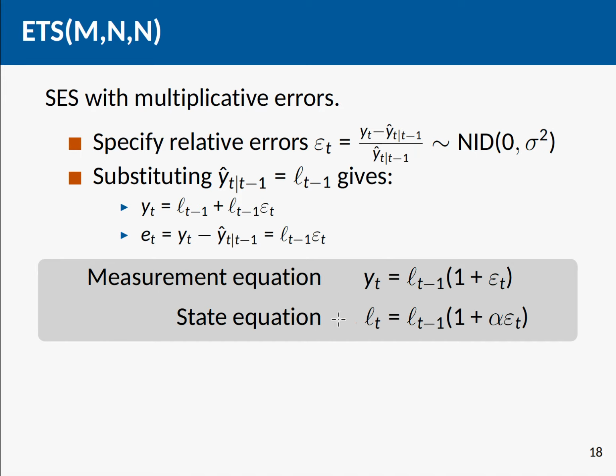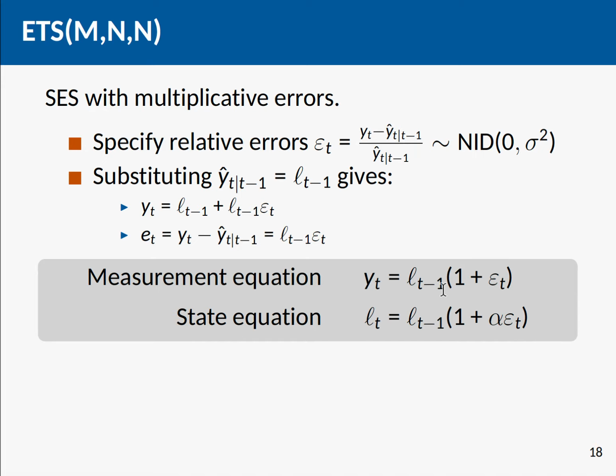Okay, so to simplify things, again, in the multiplicative form, you would have a measurement equation. Here yt is your observed value of the time series, and the measurement equation governs how the observed value of the time series relates to the unobserved components.